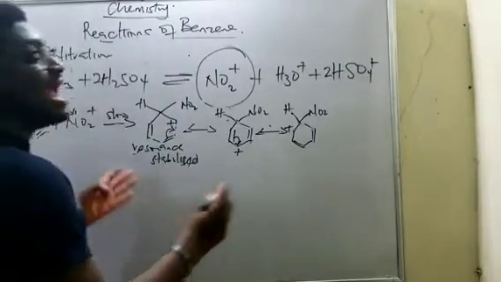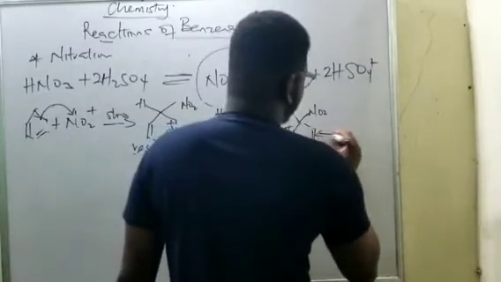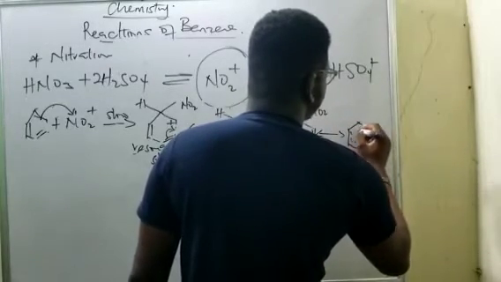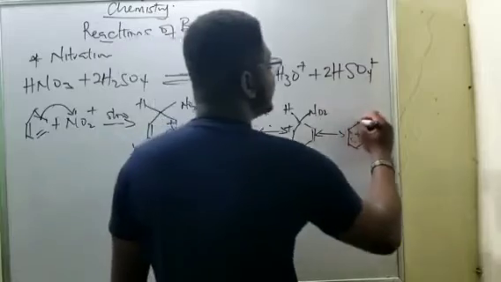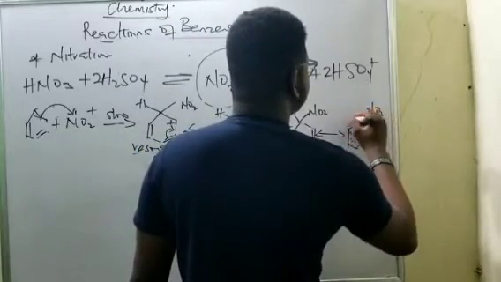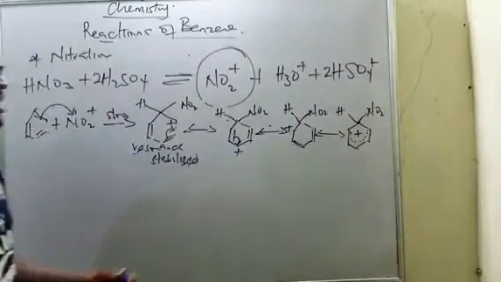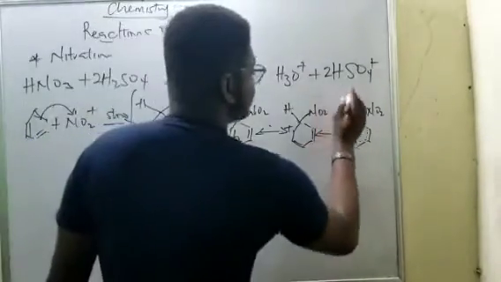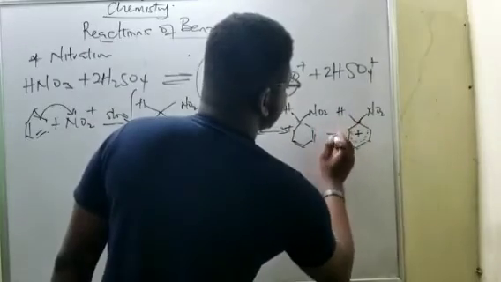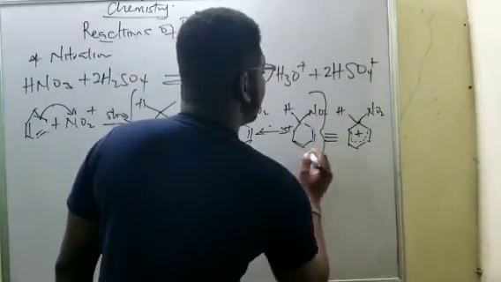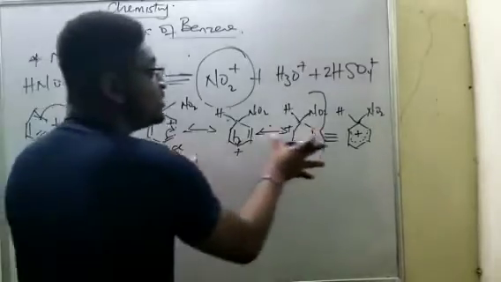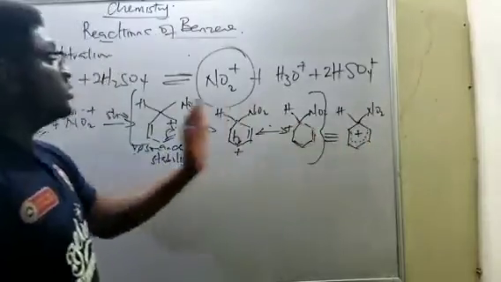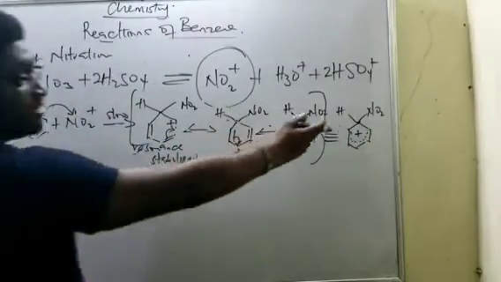Then we can have the hybrid structure of this, where we have something like this to show that the positive charge is oscillating around it. So all of this that we have is the resonance stabilized structures, and this is the hybrid structure of the oscillations that we can see of the positive charge.